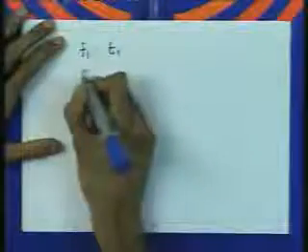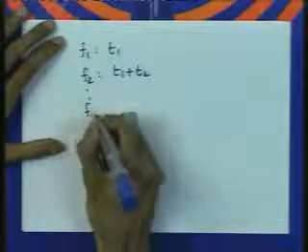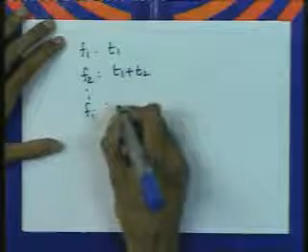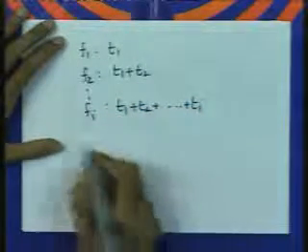So if you just look at this sum, just take a minute. The first finishing time F1 is T1, F2 is T1 plus T2, and so on. Fi, the ith finishing time, is T1 plus T2 plus up to Ti, right?